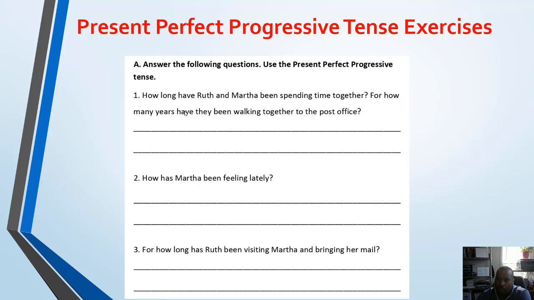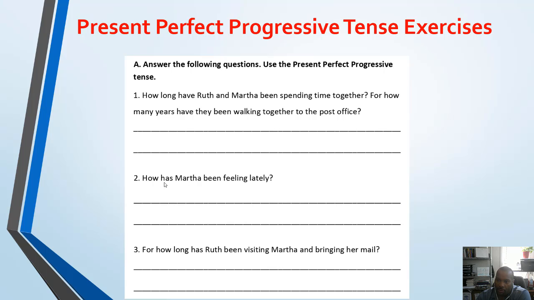Okay, number 1, how long have Ruth and Martha been spending time together? For how many years have they been walking together to the post office? I wrote, Ruth and Martha have been spending time together since they were young girls. They have been walking together to the post office for 10 years. All right.